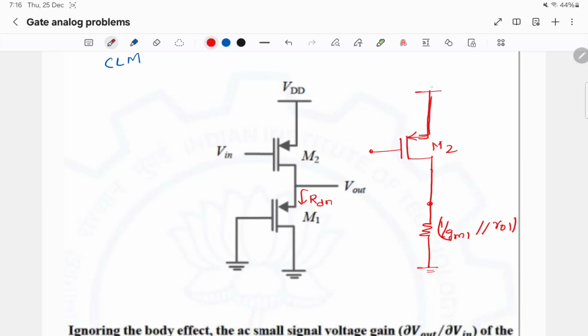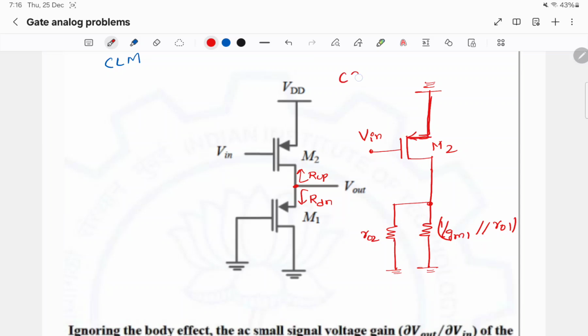This is ground. VDD will become ground, and I have told you that we'll connect a small signal resistance from drain to source if channel length modulation exists. So the resistance from this node to ground will be RO2 on the top side. RO2, Vin.